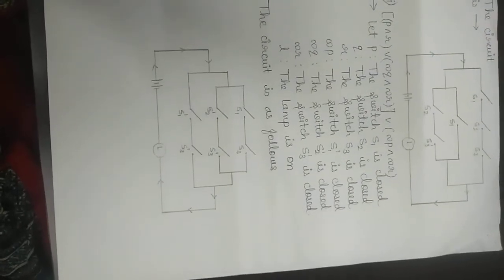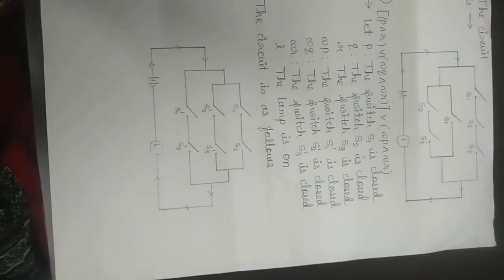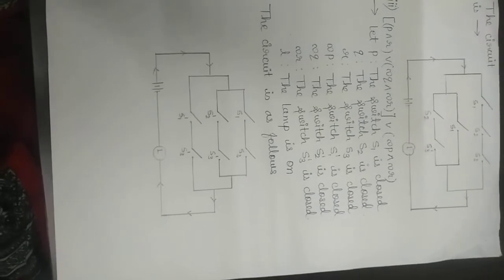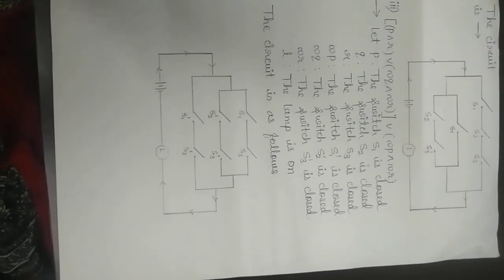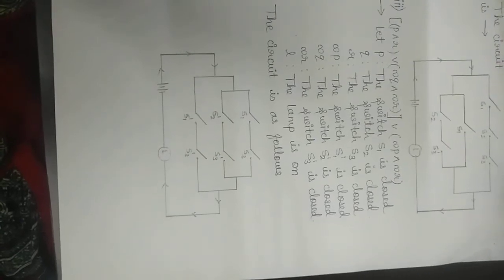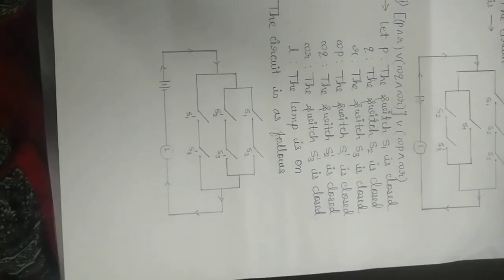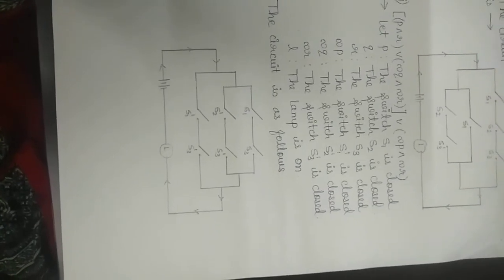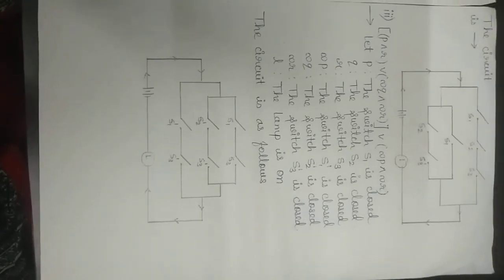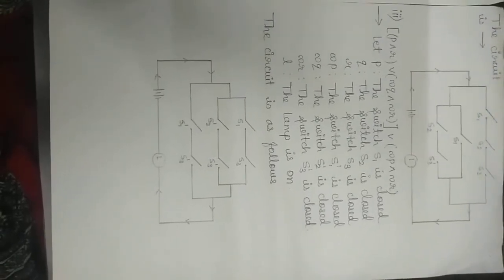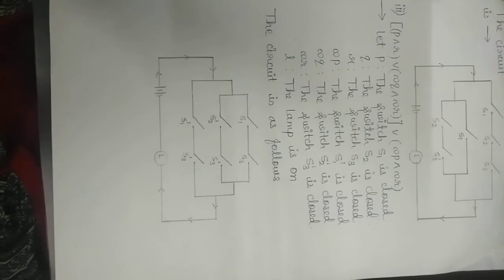Then we learn how to construct the input-output table or switching table, and then next part is how to reduce the given switching circuit to a simplified form, means when a big expression is given, by using the laws of logic, that is rules, how we can reduce it to get either one switch or two switch and so on.